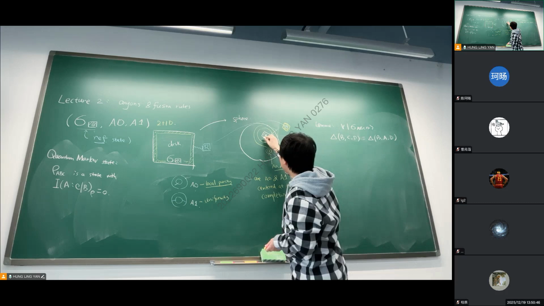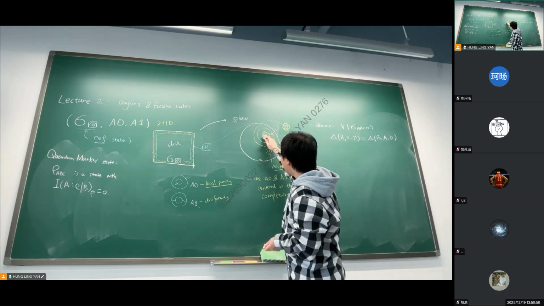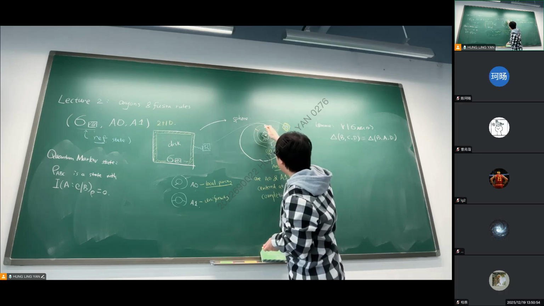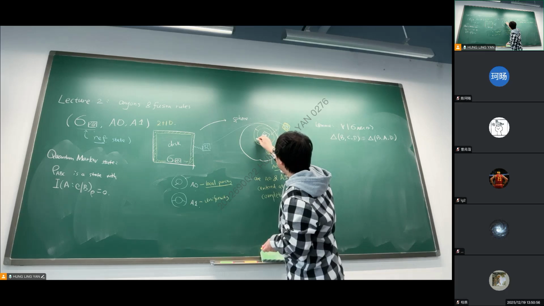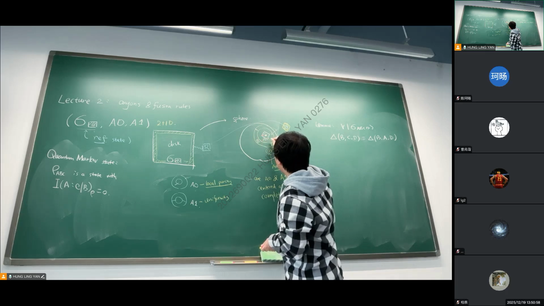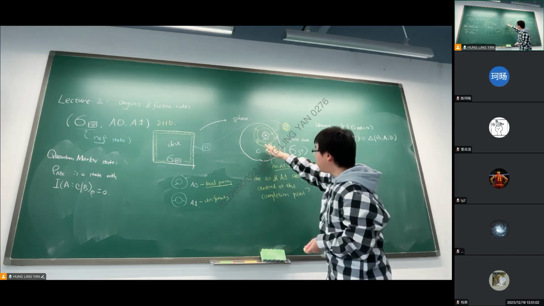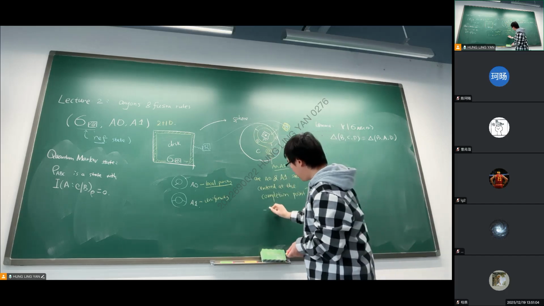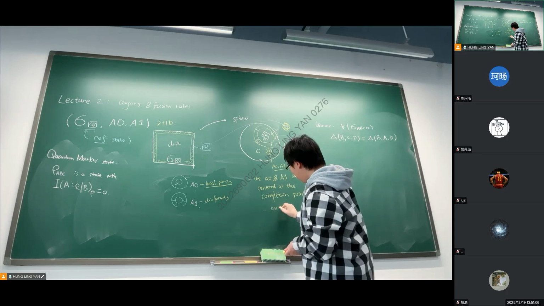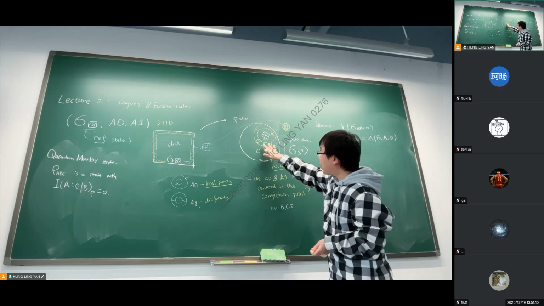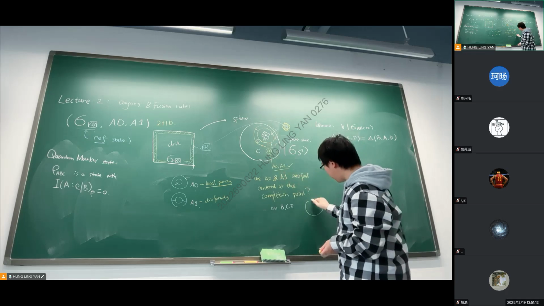So let's suppose the region containing the completion point is A, and now we partition this annulus into B and D, and the rest is C. So we know that on BCD, because BC and D is topologically the same with this.